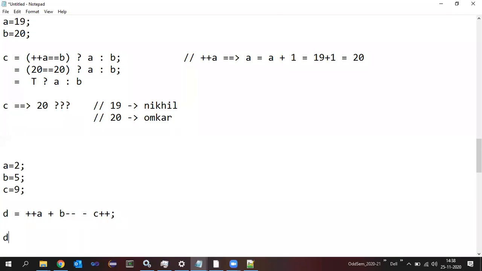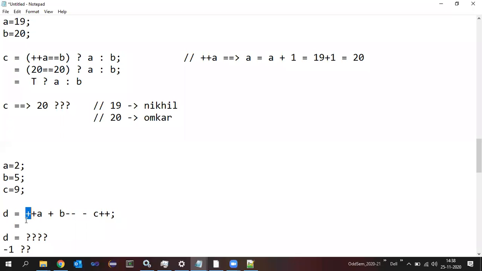Now tell me what will be the value of D here. You should observe it very keenly and try to understand. You have only plus and minuses everywhere, and you have 3 operands here, A, B, and C. Now, you have to go step by step. -1, sir. -1. Okay, let us check.